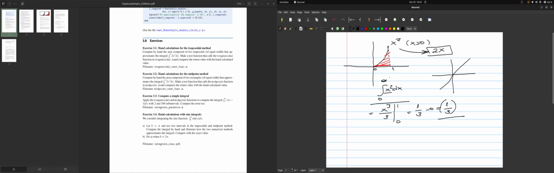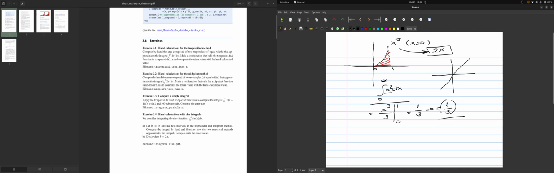So we need to introduce something different, and we can create algorithms or functions that can approximate the real value of an integral in a very accurate way.